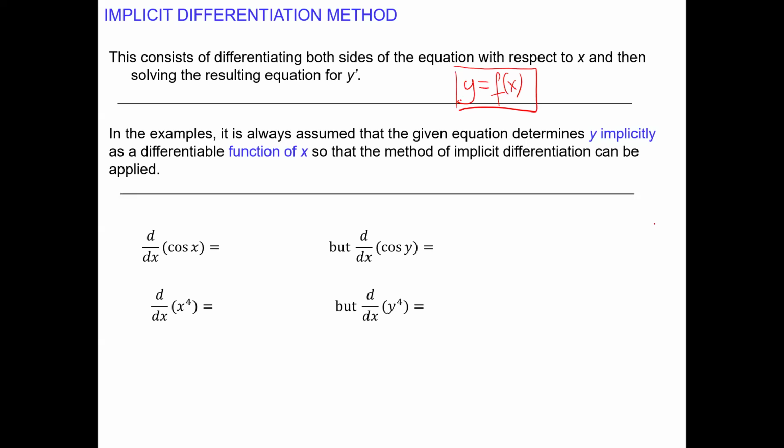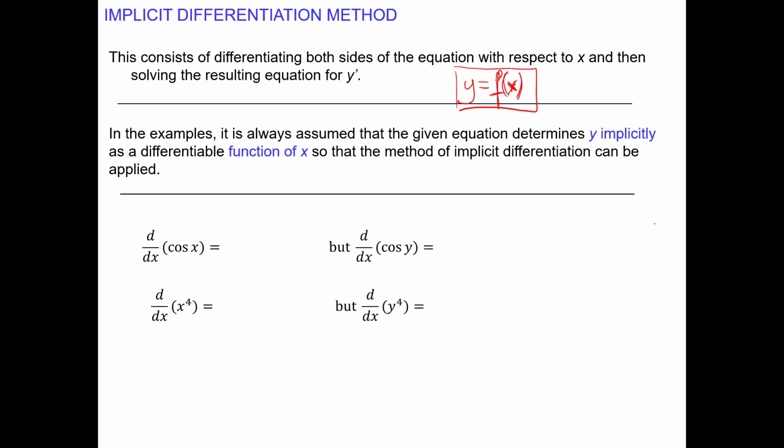We may think that y is defined implicitly because it's hidden, not directly. But behind y is a function. We don't know this function, but it is a function. We can call it the inner function, because implicit differentiation is kind of like a chain rule.